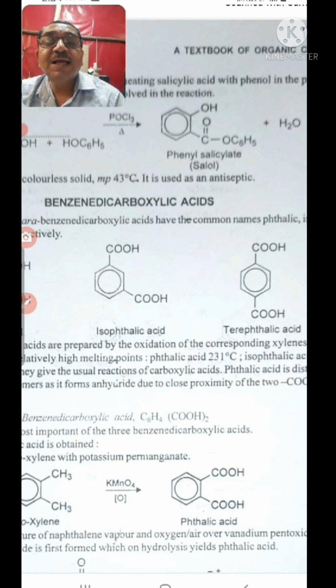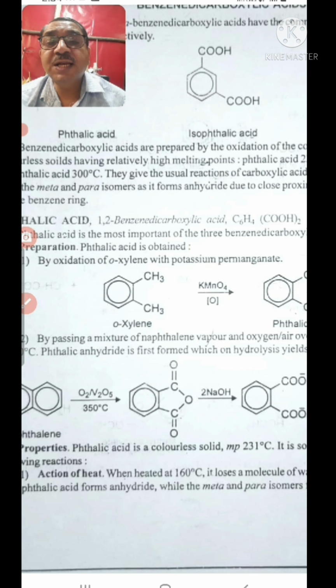Now we are dealing with the first one, that is phthalic acid. For phthalic acid, we have two methods of preparation. One is from orthoxylene and another by using naphthalene. When we consider the preparation, we have to remember two carboxylic acid groups are attached to the benzene ring.